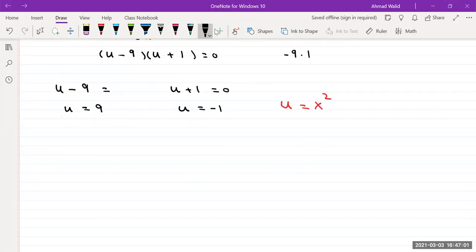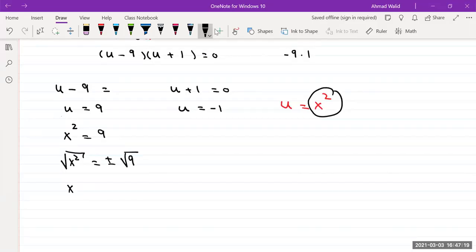What is u? u is x squared. It means I can write x squared equals 9. Now, solving this equation, square root of x squared equals plus minus square root of 9, which means x equals plus minus what? 3. Two solutions here.